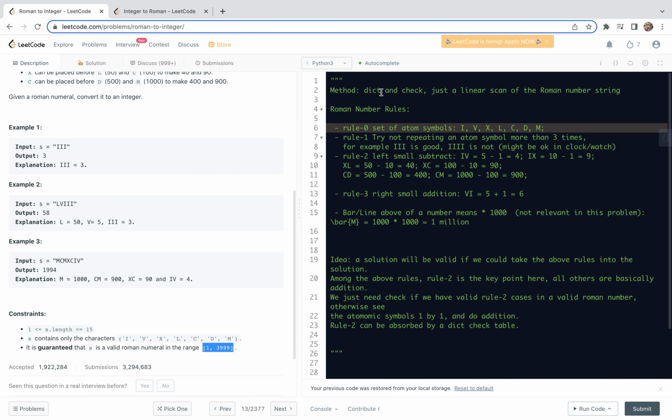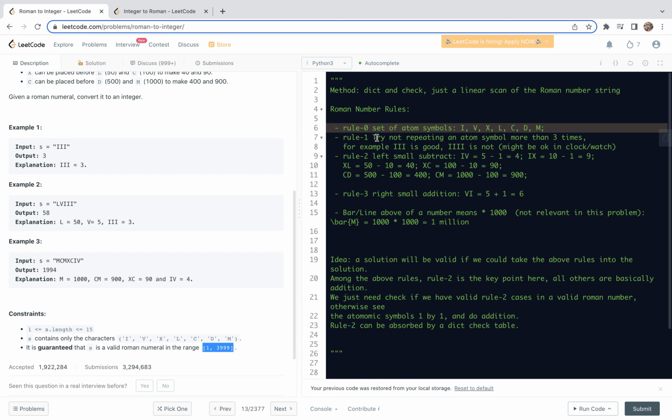The method is the routine dictionary and check idea. Here are the rules for Roman numbers. Essentially there are four or five rules. First is the set of atomic symbols. It contains I, V, X, L, C, D, M, representing 1 up to 1000.